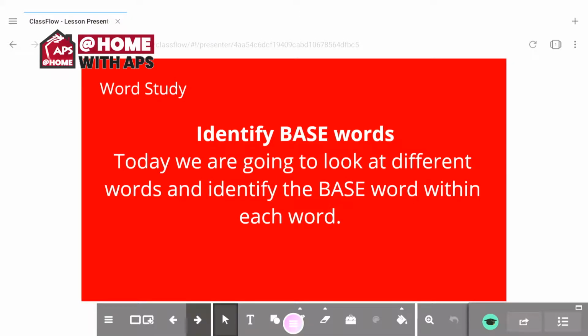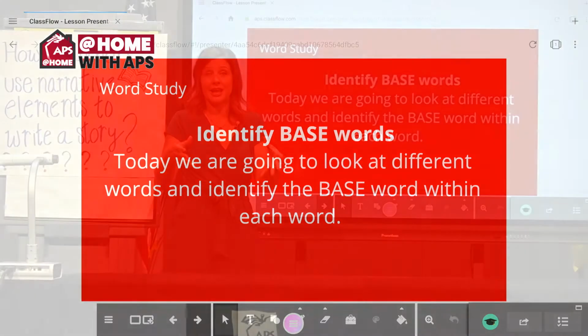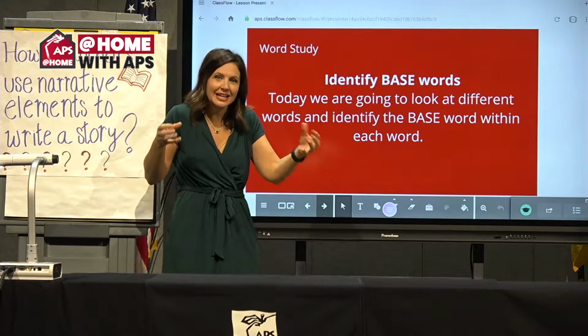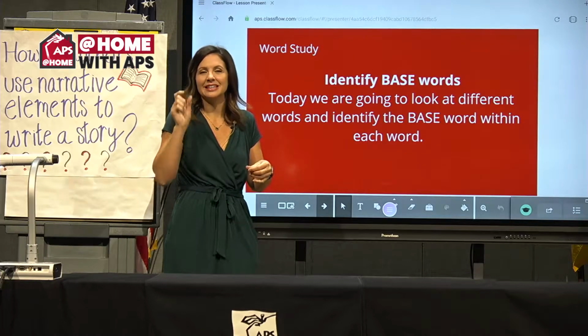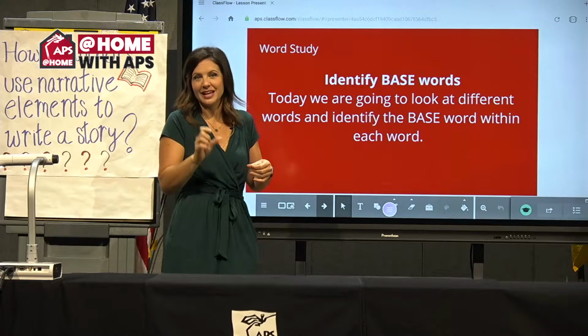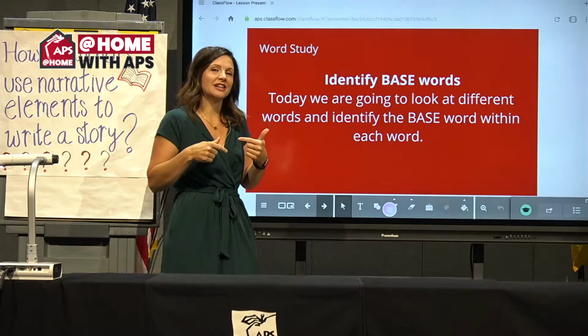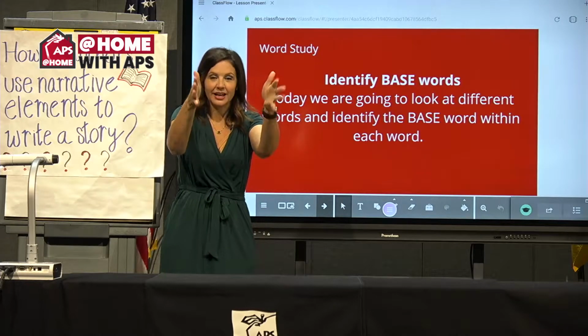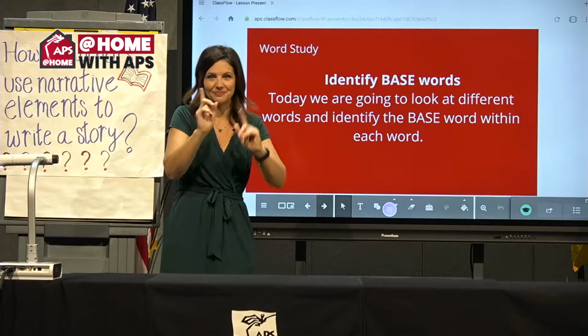Today, we are going to look at different words and identify the base word within each word. Third graders, fourth graders, fifth graders, you are reading and writing longer words now. Within most of those words is a base word. Today, we're going to go through an activity where we are looking, finding, identifying those base words.